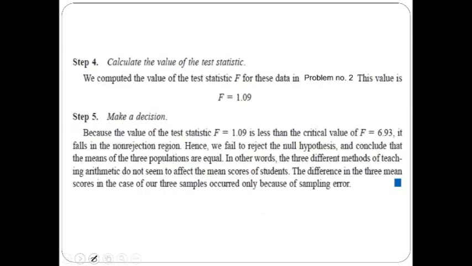Yan. So therefore, gagawa tayo ng decision based dun sa graph natin, which is because the value of the test F which is yung 1.09 natin is less than the critical value of 6.93, it falls in the non-rejection region. Hence, we fail to reject the null hypothesis.